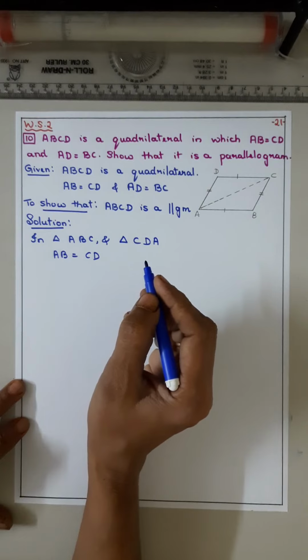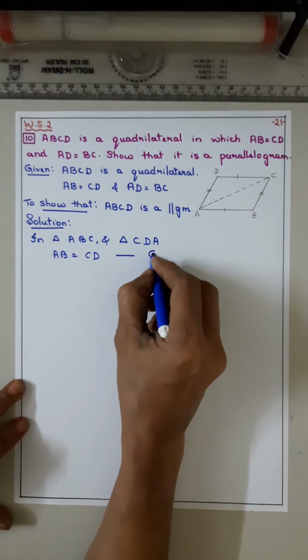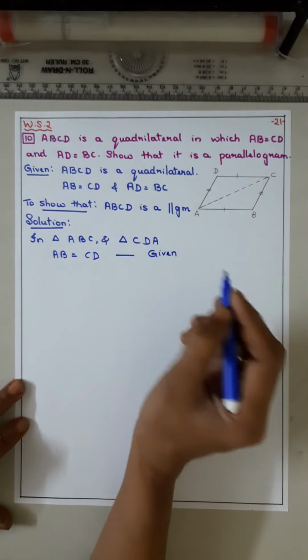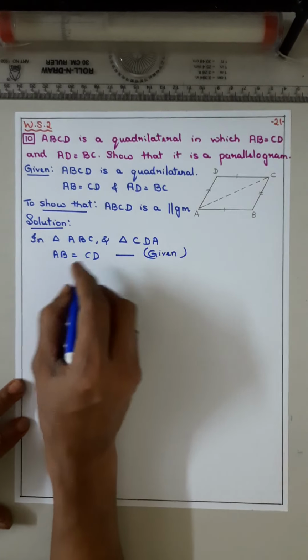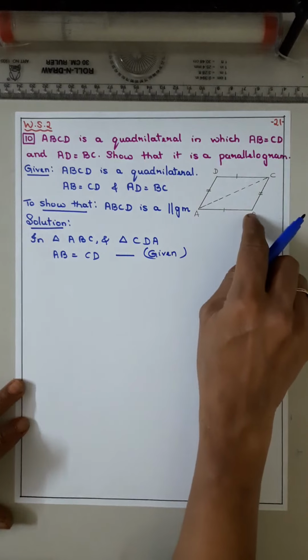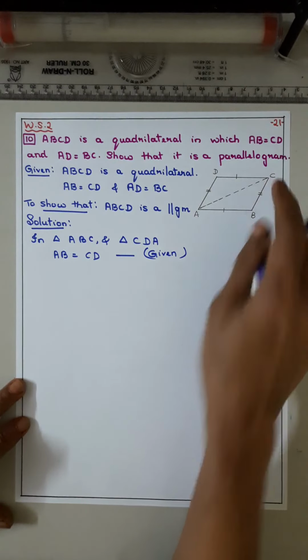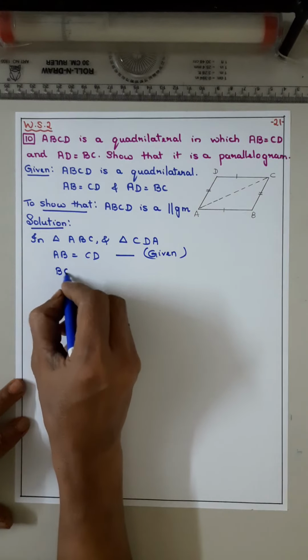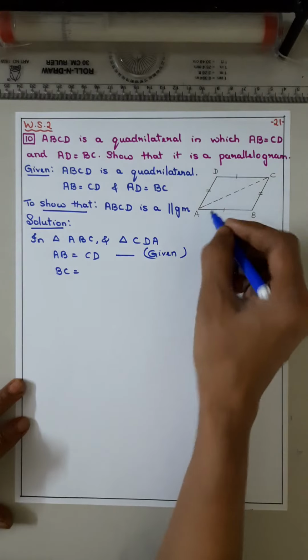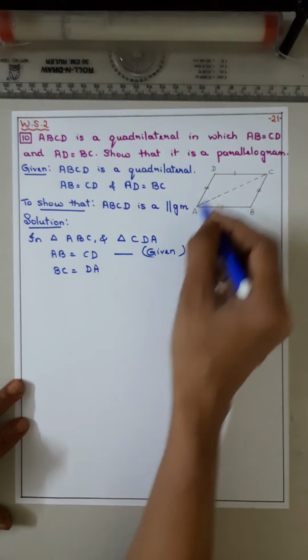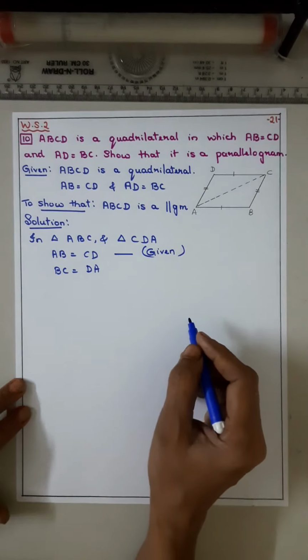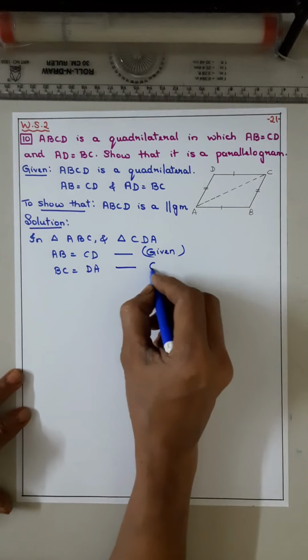Next, it is given. Next side, AD, BC is equal to DA, isn't it? That is also given.